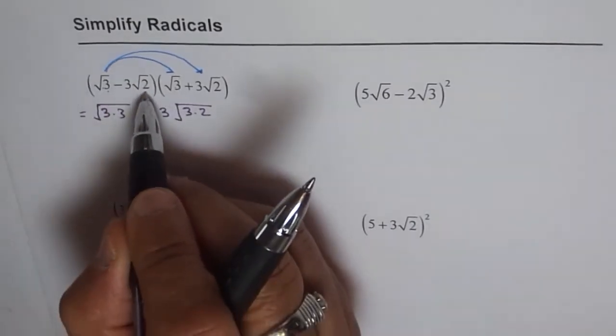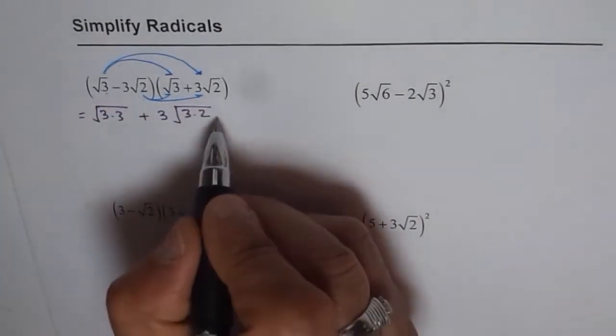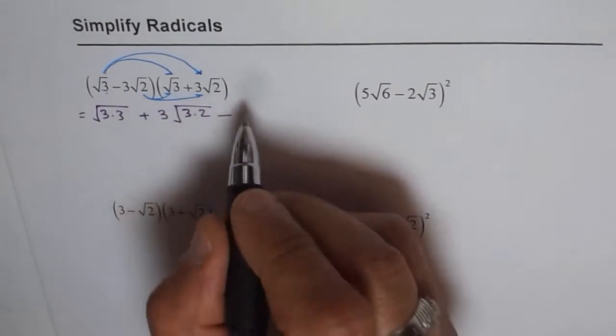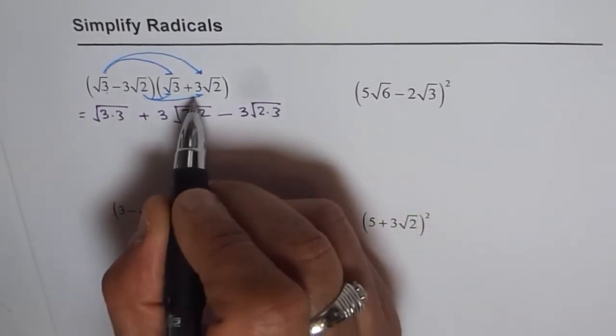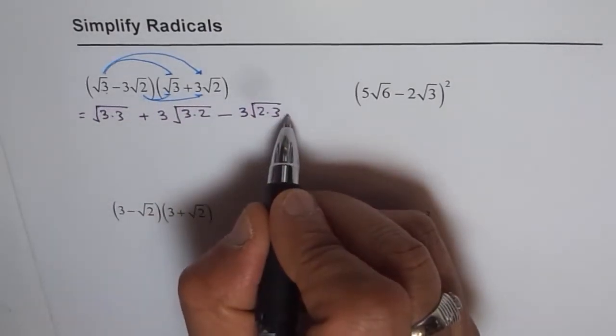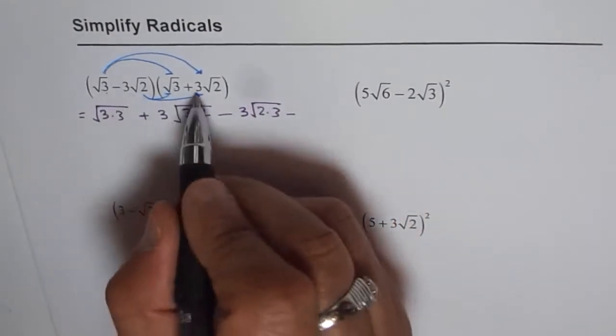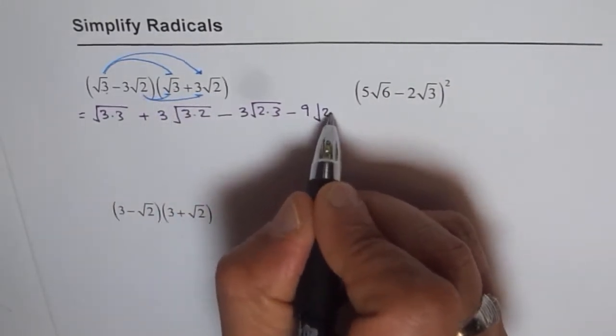Now we'll do multiplication with these. So we get minus times plus, and 3 square root of 2 times 3. The last term is minus times minus, which is again plus, and 3 times 3 is 9, square root 2 times square root 2.